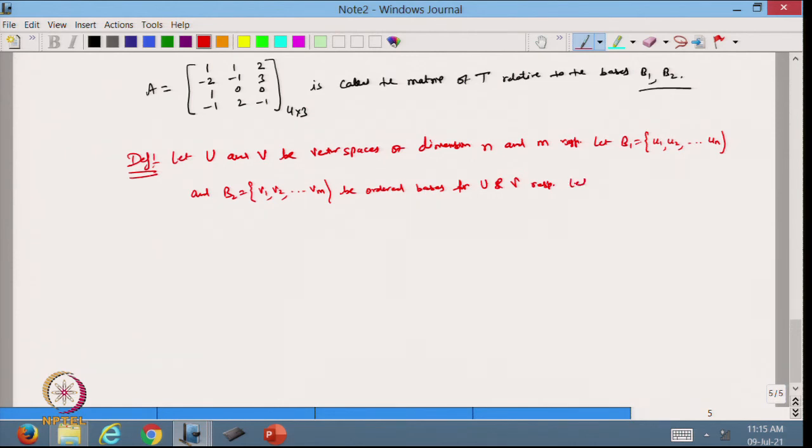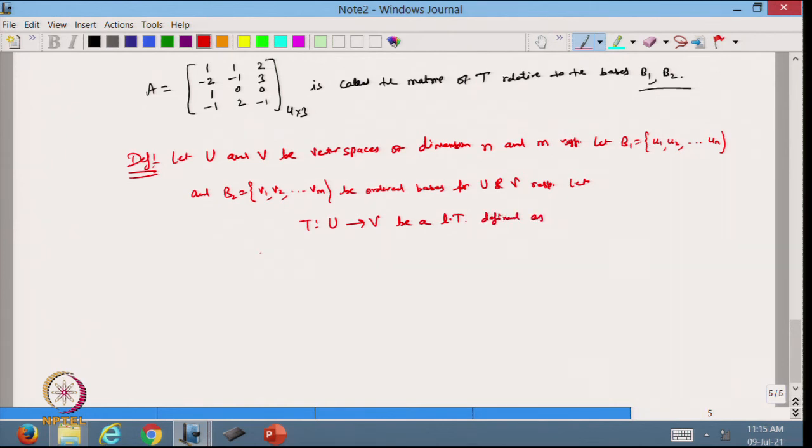Then let T from U to V be a linear transformation.